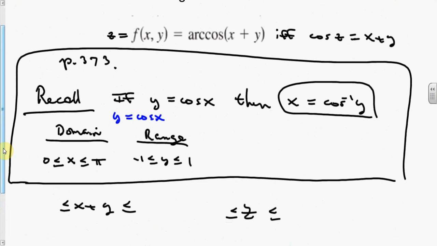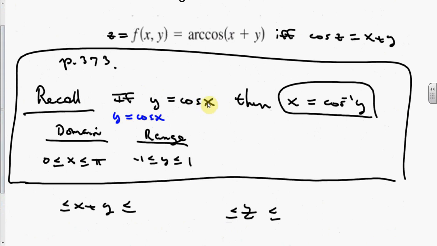So this x plus y over here, thinking about cosine.